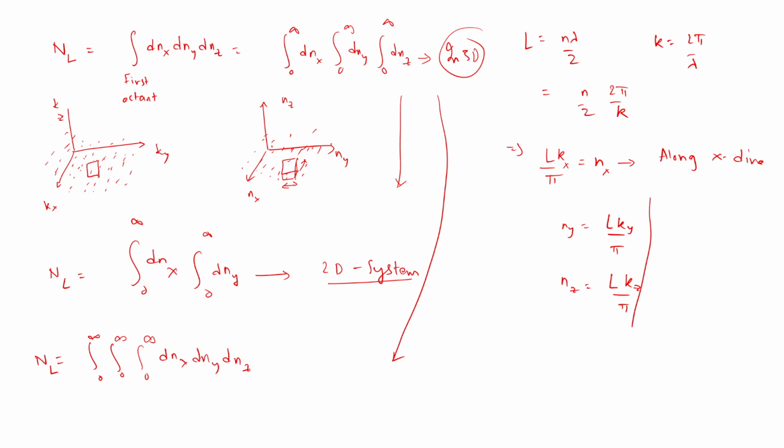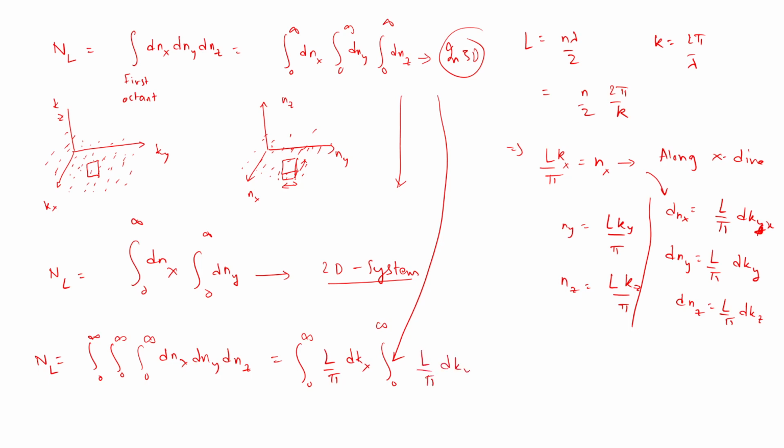From here we get dnx is equal to L over pi dkx. Similarly, dny is L over pi dky, and dnz is equal to L over pi dkz. So you will have the integral from 0 to infinity of L over pi dkx, 0 to infinity of L over pi dky, and 0 to infinity of L over pi dkz.